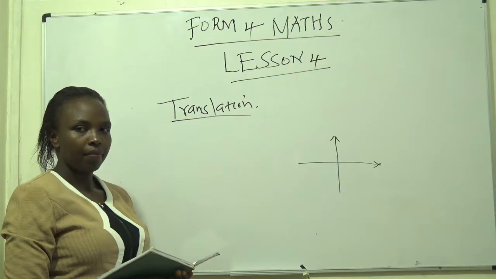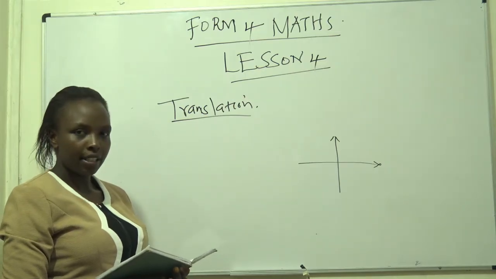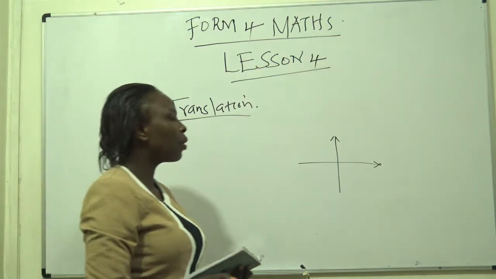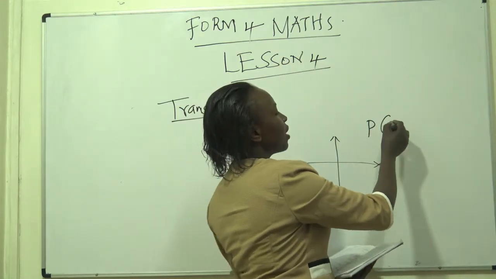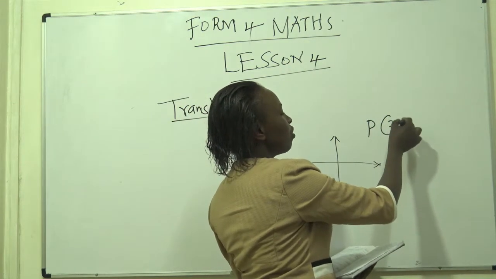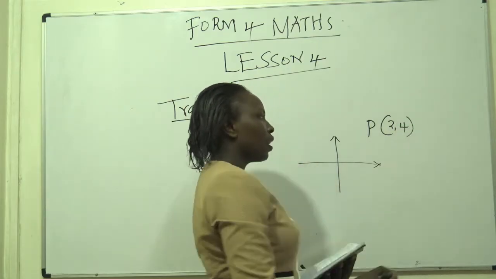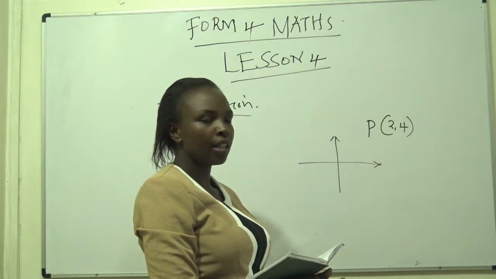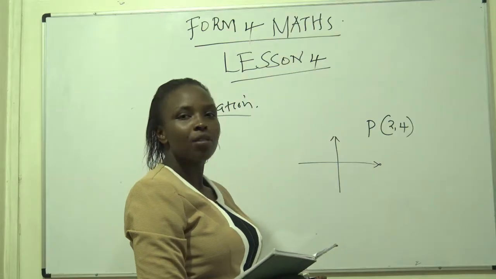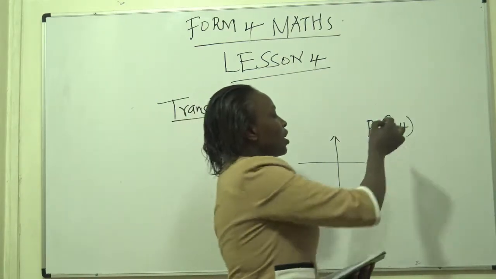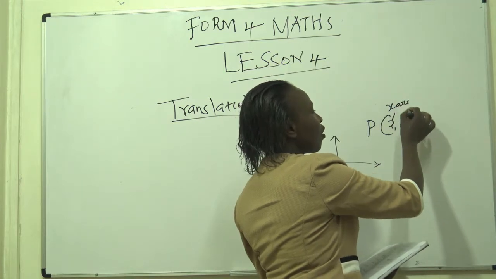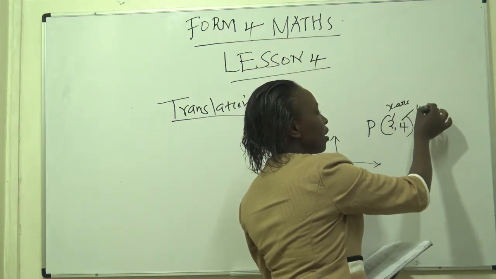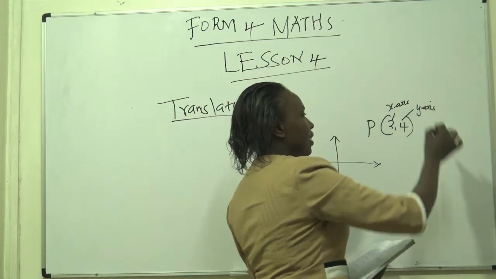What do I mean? We talk of points. Let's say for a point P on a Cartesian plane, this point is at point (2, 4). Remember when you are writing down these points, usually start with the point on the x axis, followed by the point on the y axis.